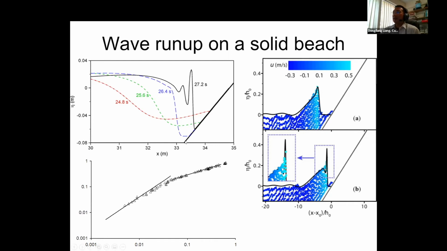So assuming the beach surface is basically a solid boundary, then using the depth-averaged shallow water equations or Boussinesq equations or particle-based methods to predict the wave evolution and also the maximum run-up height versus the incoming wave height. And at this point, wave breaking occurs, so the run-up height increase slows down.